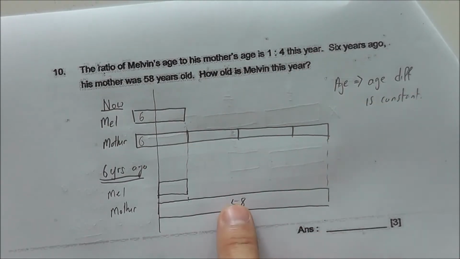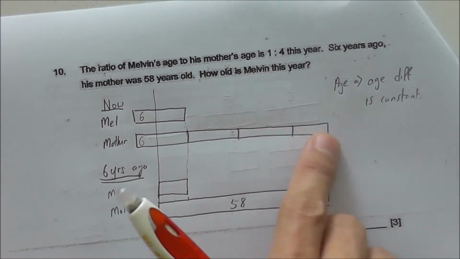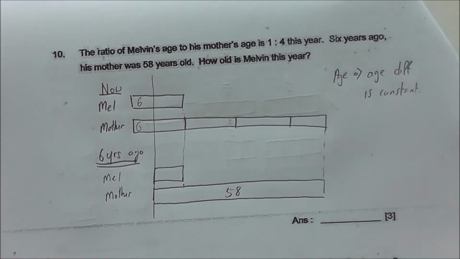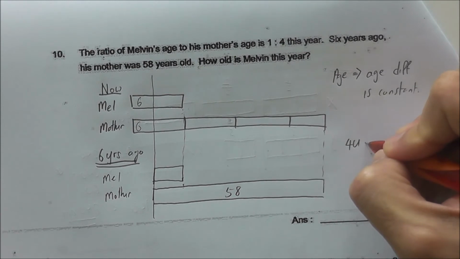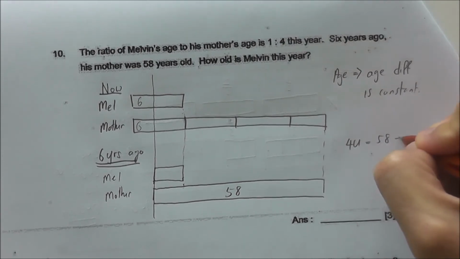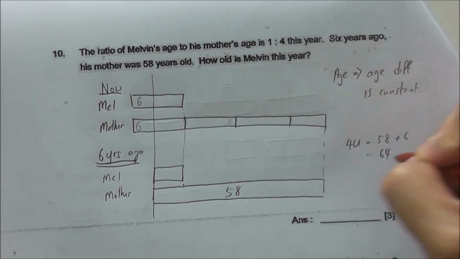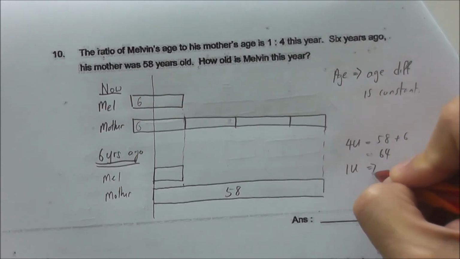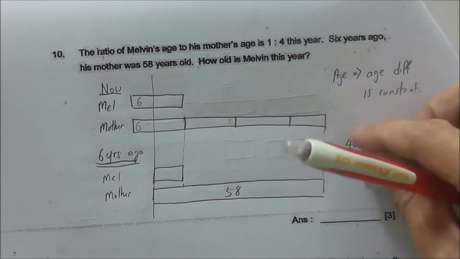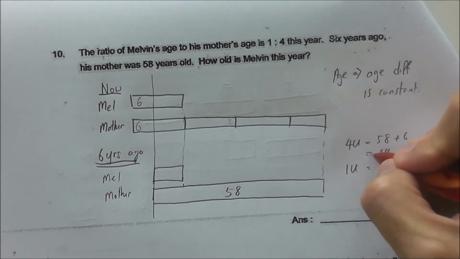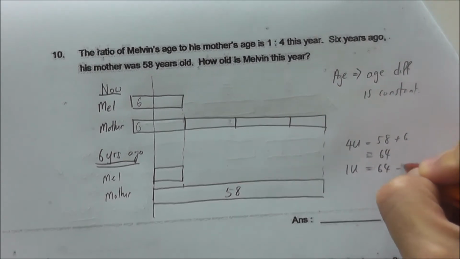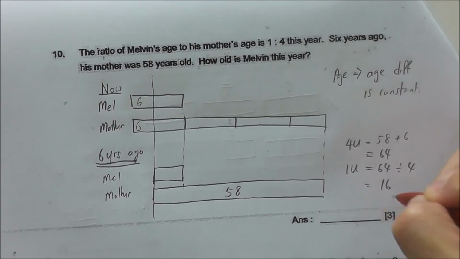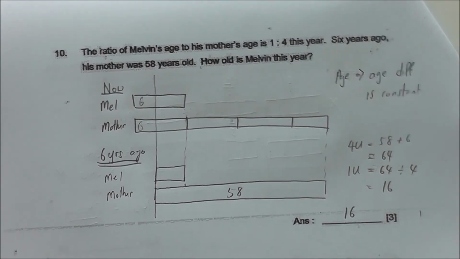Okay, so can you see that 58 plus 6 is 4 units at the beginning. So 4 units would be 58 plus 6, which is 64. So you can find 1 unit. So 1 unit will be 64 divided by 4, 16. So Melvin is 16 years old this year.